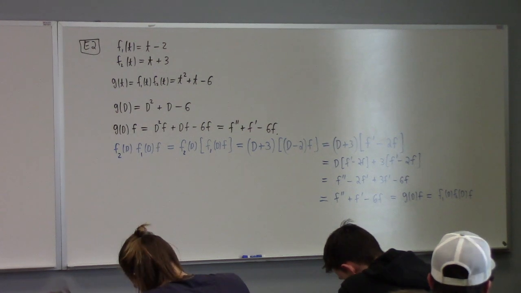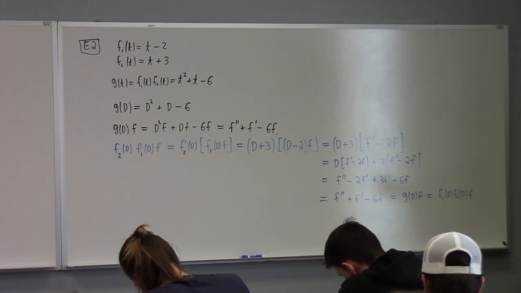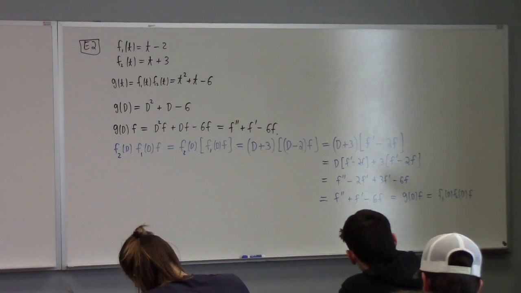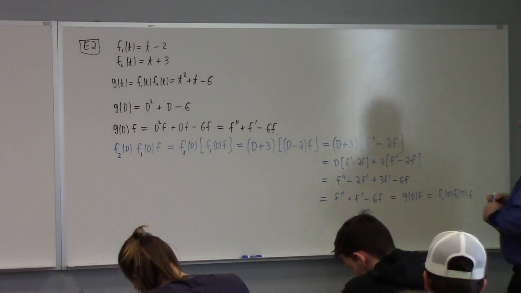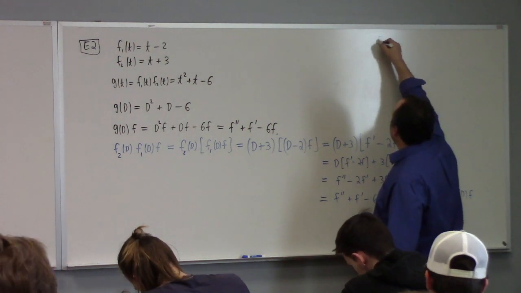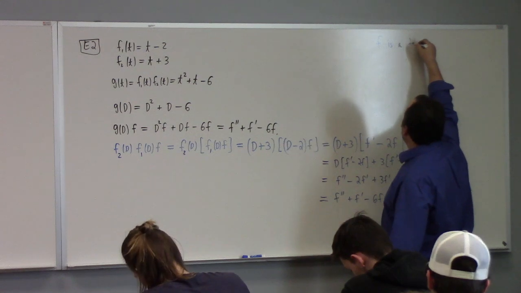Now, some of you might be like, wait a minute, where's the f coming from? I thought we're talking about g of d, f1 of d, and f2 of d. Where's this f coming from? What is this f? f is a test function.